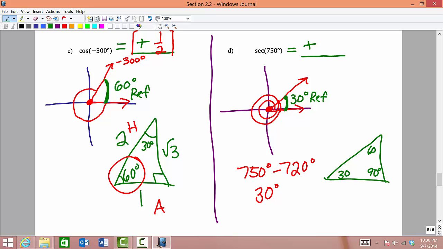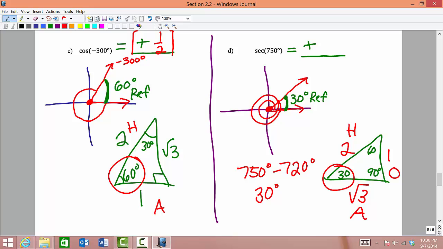And remember that we're working from the perspective of 30 degrees. Across from that would be the opposite side, 1. Across from 90 degrees, we know that was 2. Across from 60 is the square root of 3. So we have opposite, we have our hypotenuse, and we also have our adjacent side.